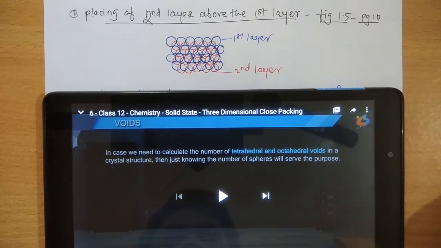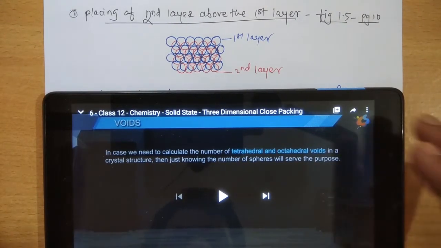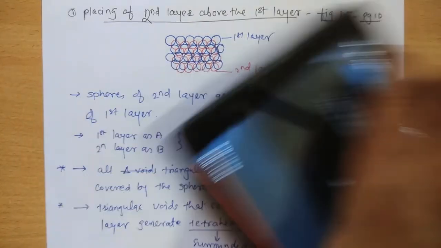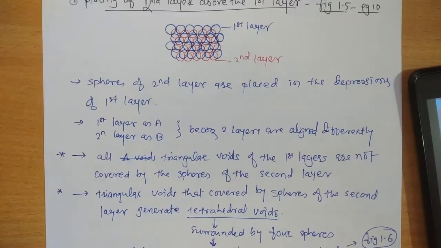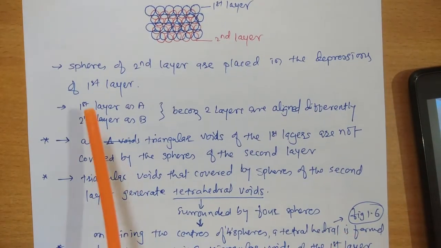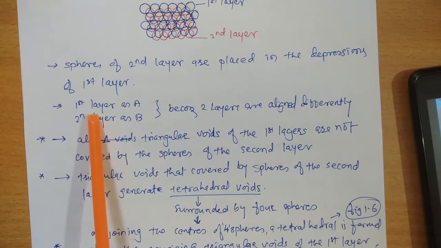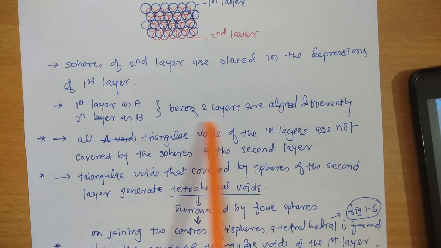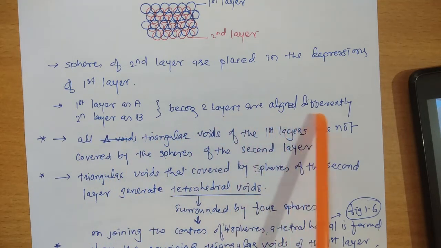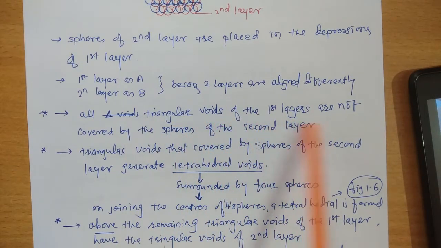So this is the placing of the second layer over the first layer. Now see the points. Here the spheres of the second layer are placed in the depressions of the first layer, labeled A, and the second layer as B, because the first and second layers are aligned differently. All the triangular voids of the first layer are not covered by the spheres of the second layer.